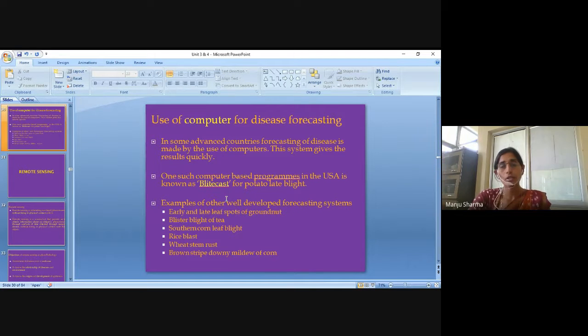One such computer-based program in the USA is known as Blitecast for potato late blight. Examples of other well-developed forecasting systems are early and late leaf spot of groundnut, blister blight of tea, southern corn leaf blight, rice blast, wheat stem rust, and brown striped downy mildew of corn.